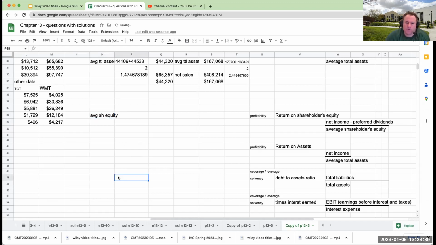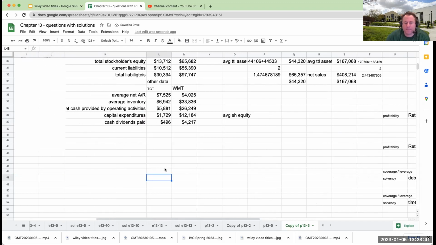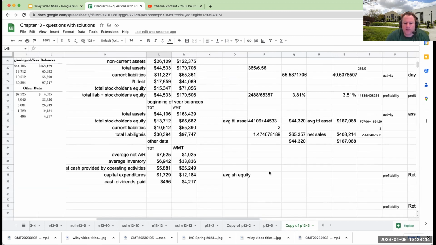Okay, so my average shareholders' equity for Target is going to be my beginning, which is going to be 15,347, or my ending 15,347 plus 13,712 divided by 2. So right over here, my average shareholders' equity for Target is going to be 15,429.50.